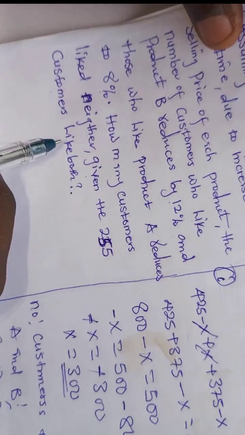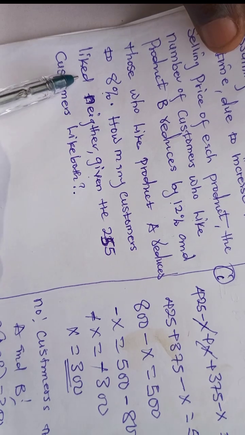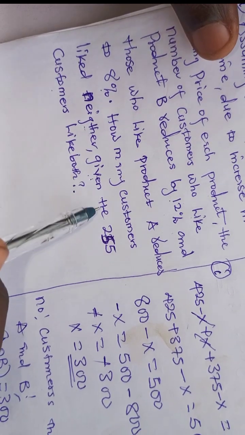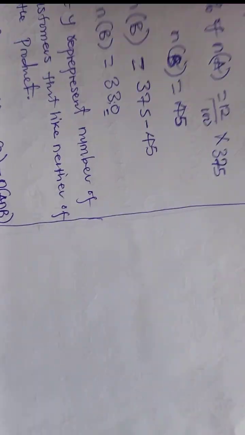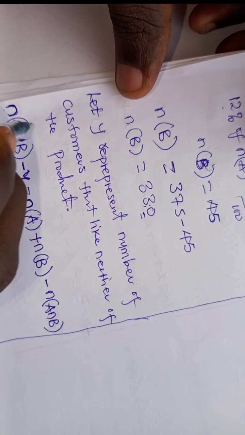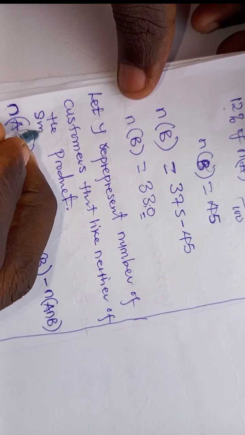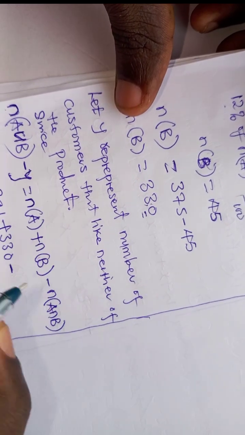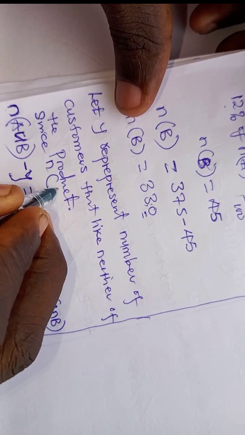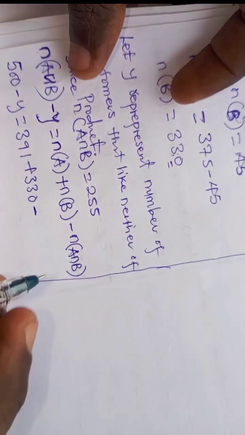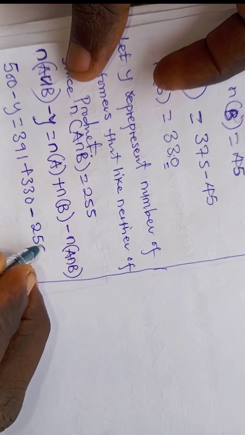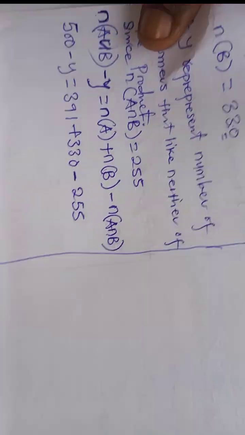Now let's go back to the question. They said how many customers like neither, given that 255 customers like both, which means that n of A intersection B is equal to 255. So this is 255 here.